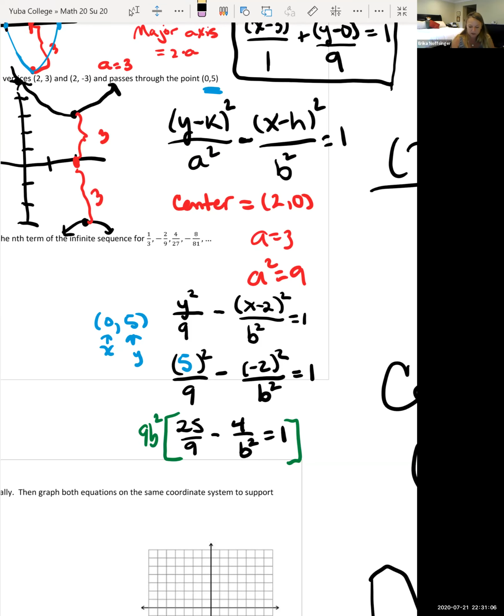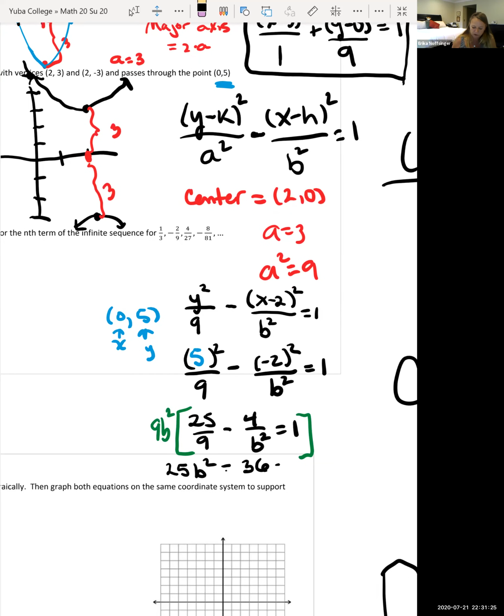So 9 would cancel there, and we would be left with 25b squared minus, the b squares cancel here, 9 times 4, so 36, is equal to 9b squared.